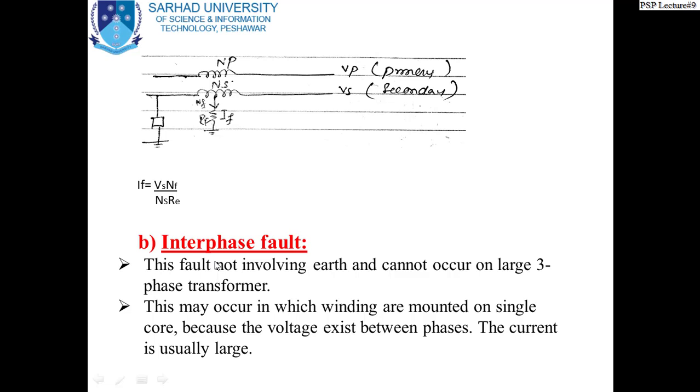So we have three containers containing the three-phase winding. So there is no direct connection between the two phases. Therefore, no chance of a fault between the phases.